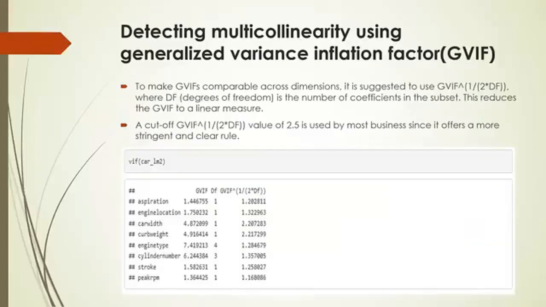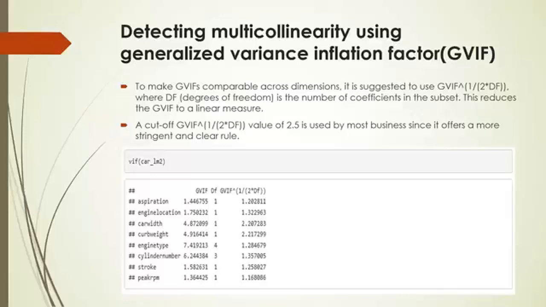Next, we would like to detect multicollinearity using generalized variance inflation factor (GVIF). To make GVIFs comparable across dimensions, it is suggested to use GVIF^(1/(2*Df)), where degrees of freedom is the number of coefficients in the subset. This reduces the GVIF to a linear measure.